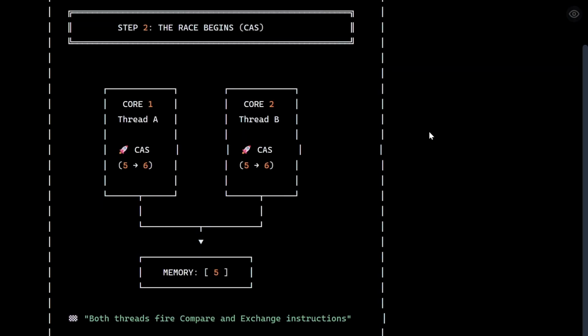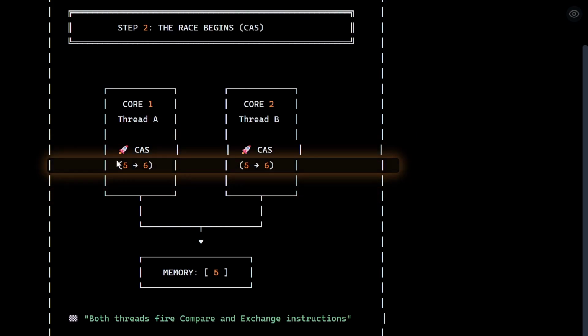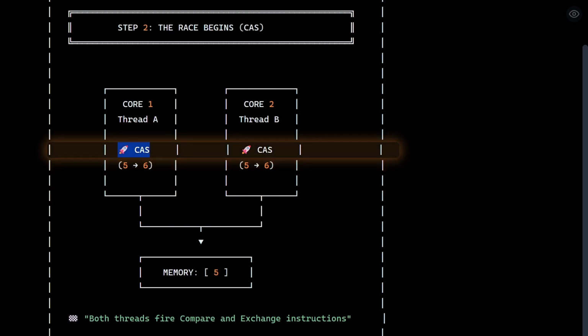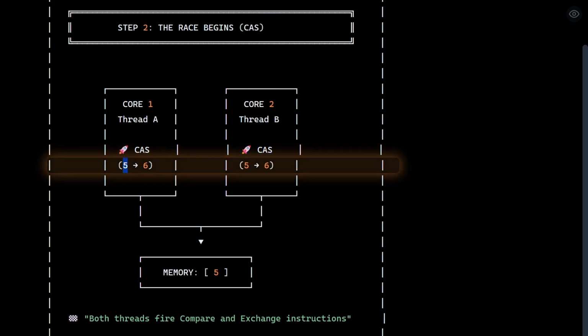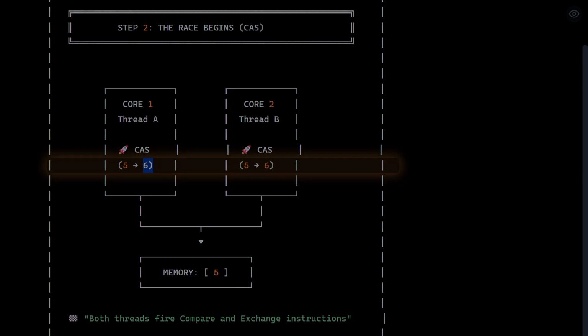And the race begins. Both threads now fire off the hardware compare and exchange, or you can say compare and swap, instruction simultaneously. They both ask the CPU hardware if the value at this memory address is still 5, swap it to 6.